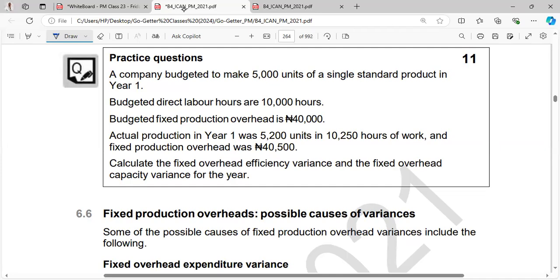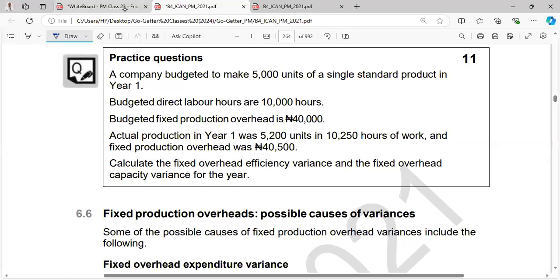What is the standard? Look at what we are going to do. The budget: 5,000 units is supposed to take us 10,000 hours.